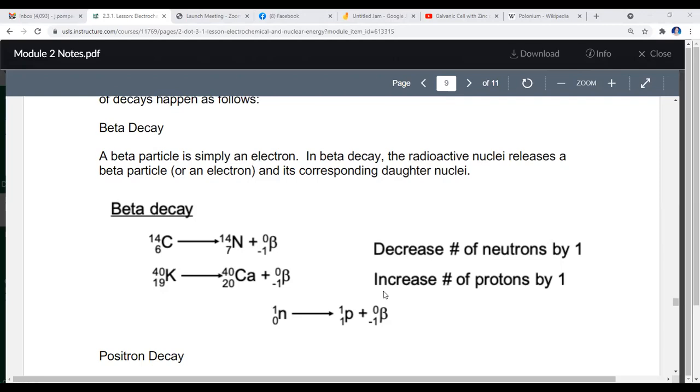Marian, if there's a splitting of the neutron into proton and electron, how does it explain the decrease of the neutrons and the increase of the protons by 1 in the first and in the second example?